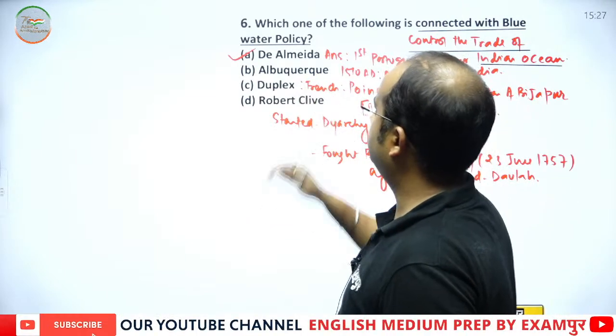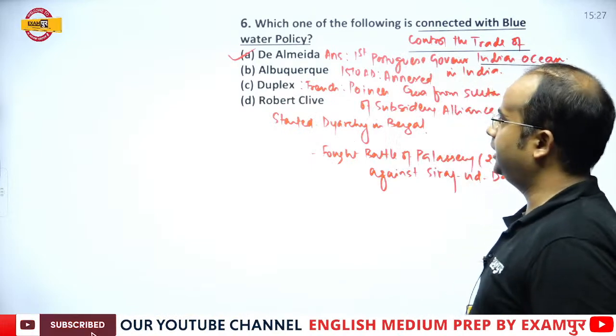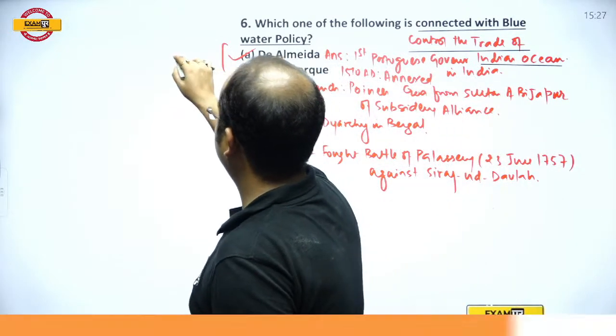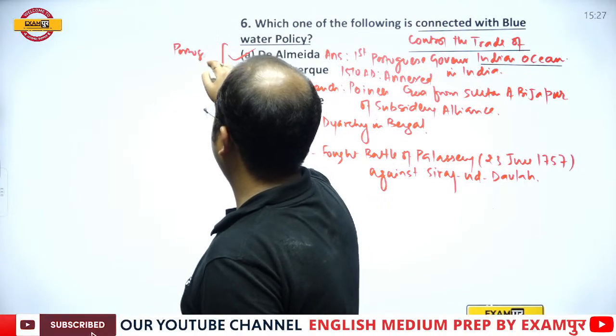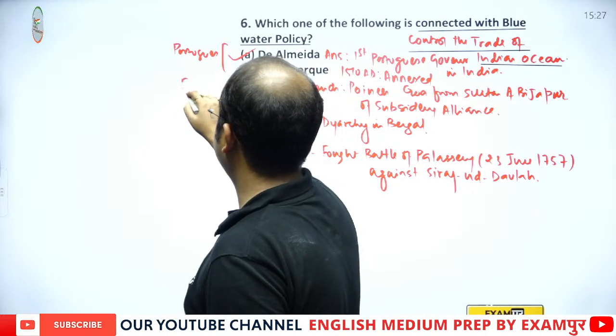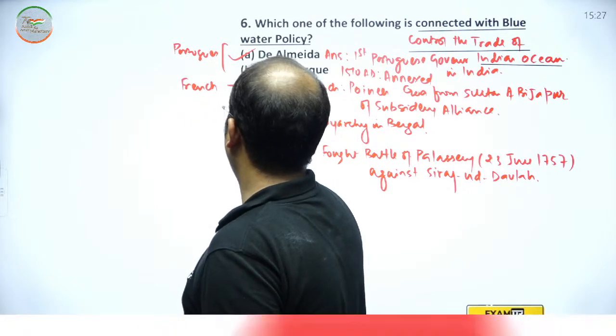Therefore, the correct answer will be, guys, Francisco de Almeida. He was a Portuguese governor. These two were Portuguese, Dupleix was French, and he was British.